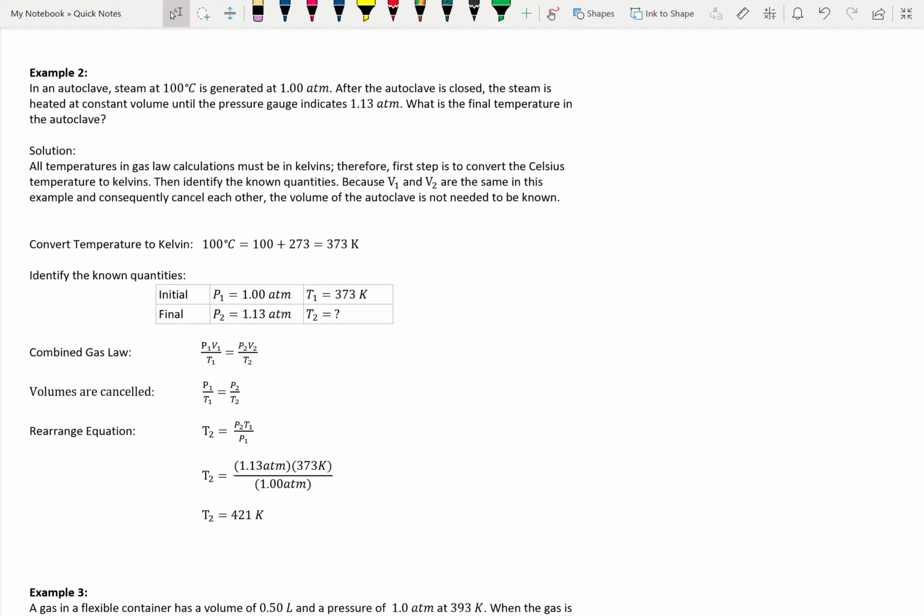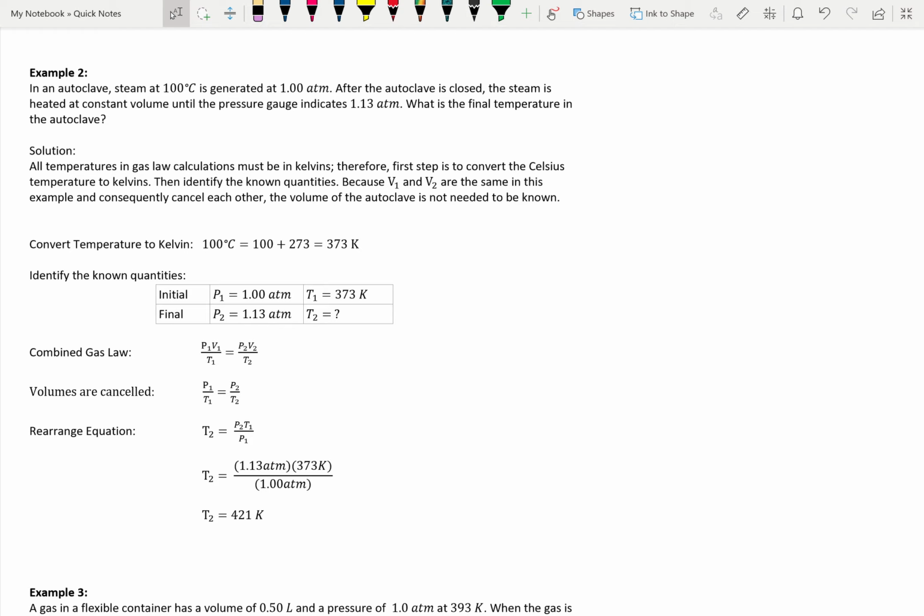Our starting pressure was 1.00 atmosphere, and we are going up until our pressure reaches 1.13 atmosphere. So the volume obviously is not changing, therefore V1 and V2 get canceled out, and we are looking for T2.